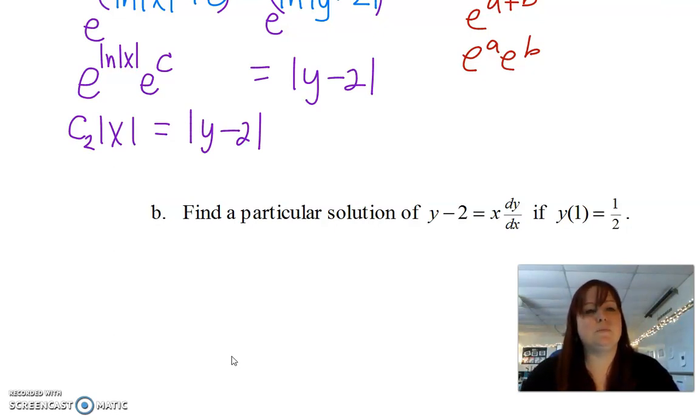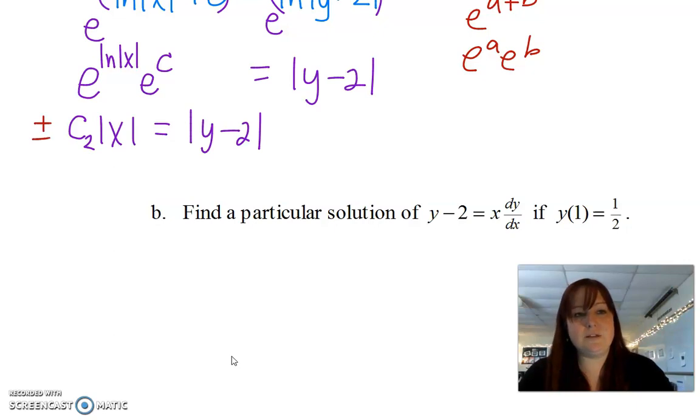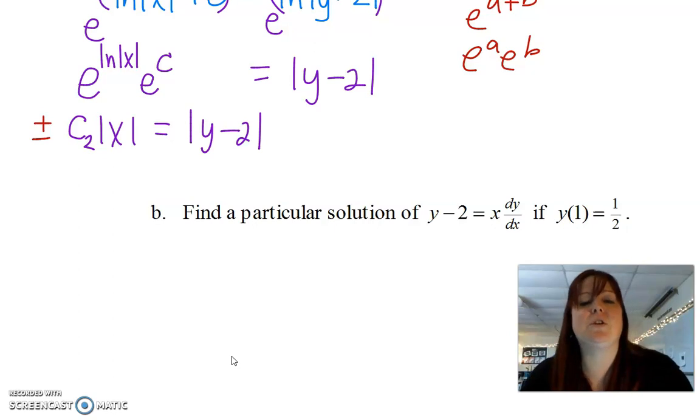It's just a constant. Okay, now you're like, how do I get rid of the absolute value? Well, absolute value means plus or minus. It either equals positive c absolute value of x or negative c absolute value of x. So here's another mathemagic question for you. What is plus or minus c? It's still just a constant. It doesn't matter if c is positive or negative.